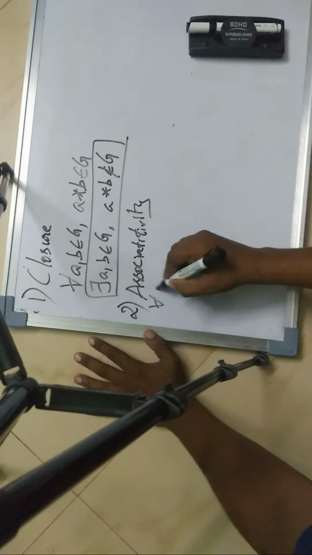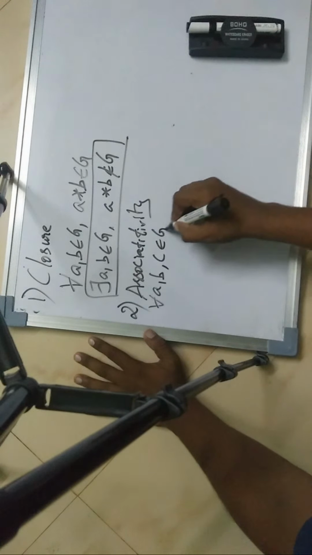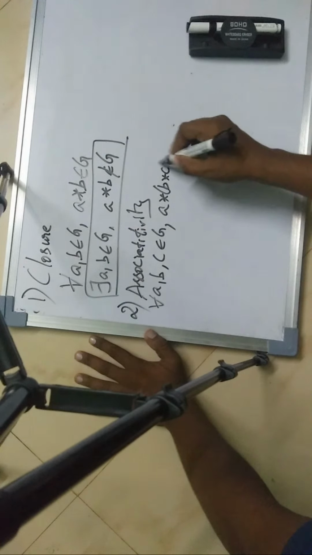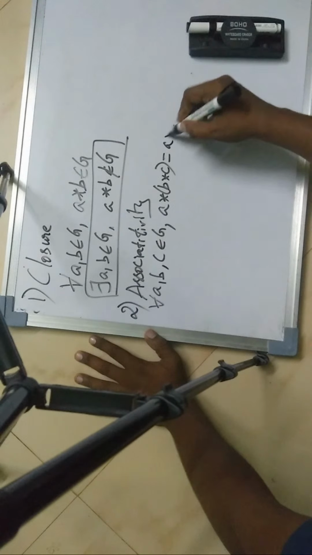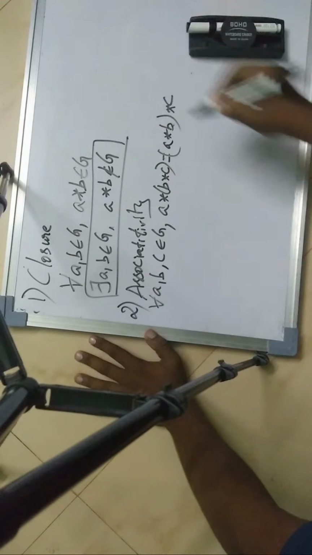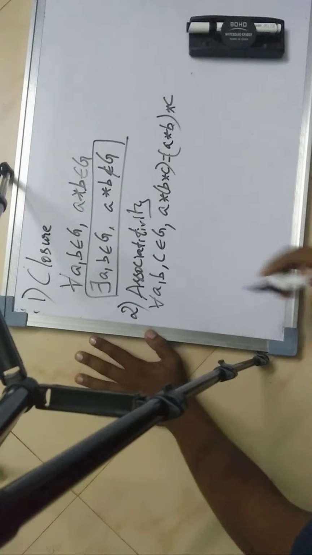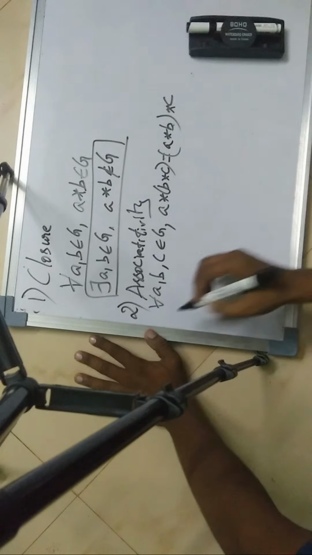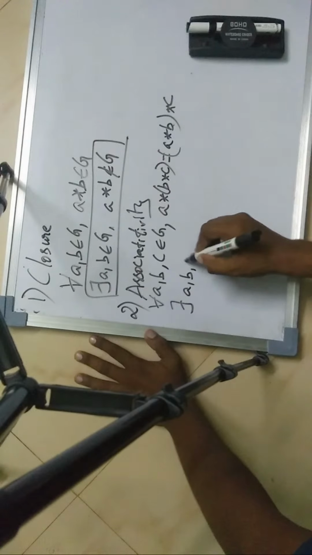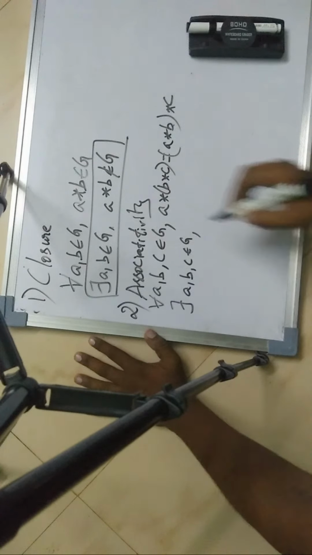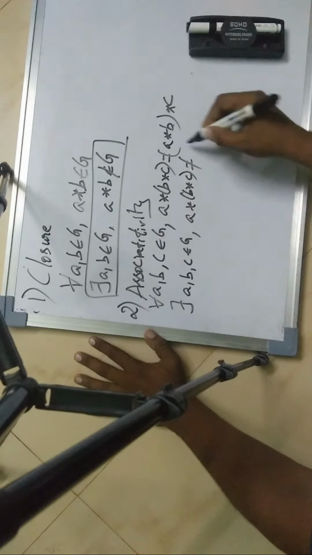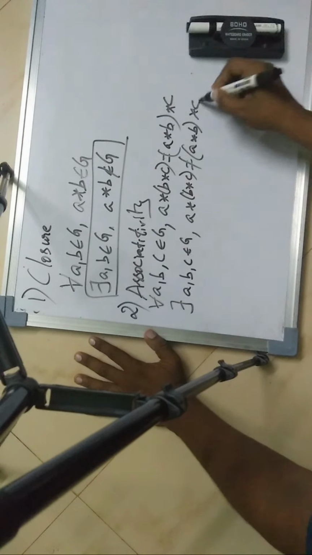That is, given any a comma b comma c in G, (a star b) star c must be equal to a star (b star c). So if suppose for some set and for some binary operation star this is not true, then you need to find a b c in G such that (a star b) star c is not equal to a star (b star c).